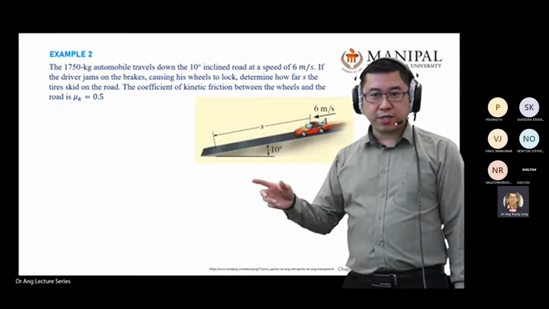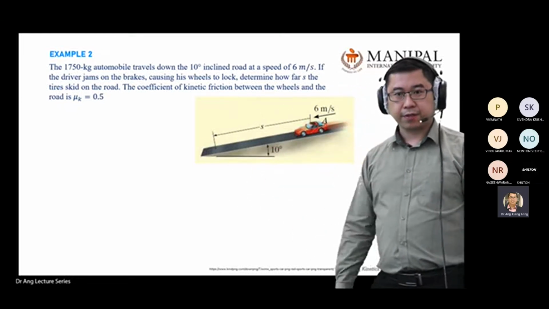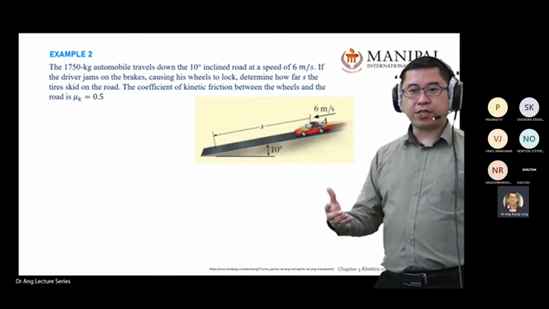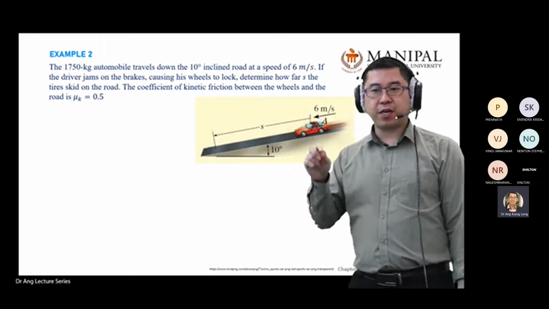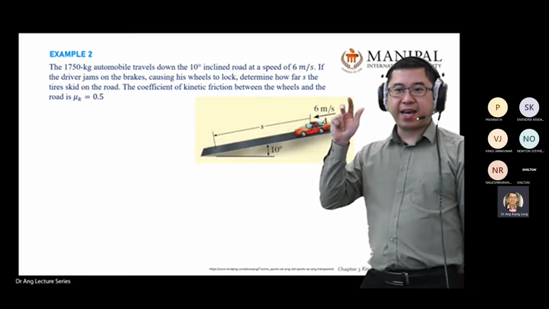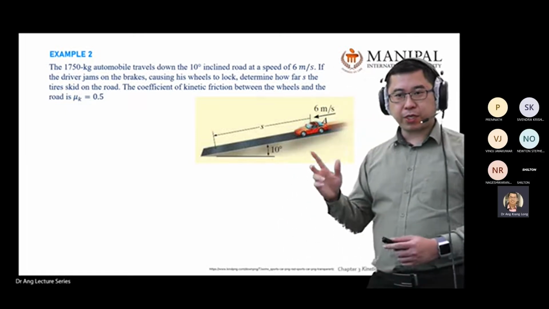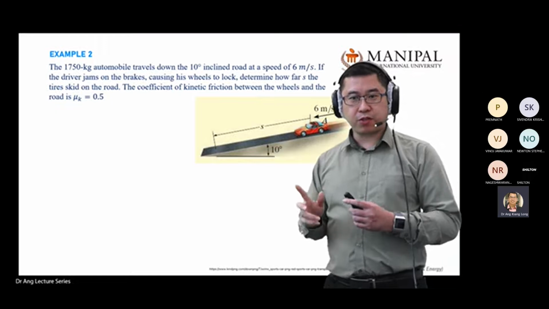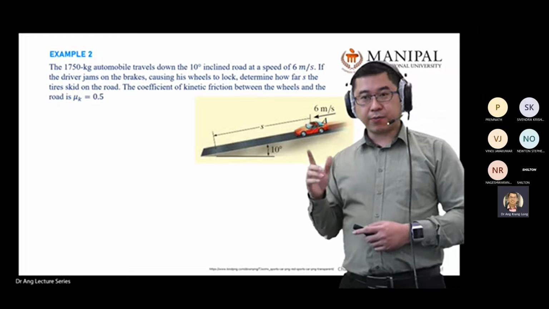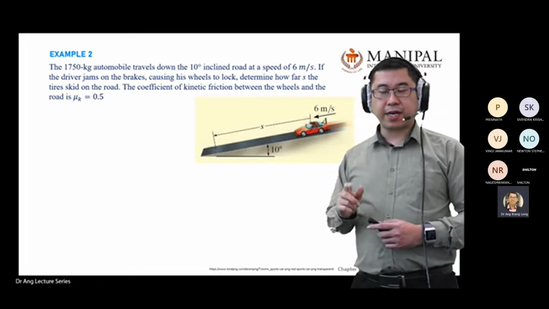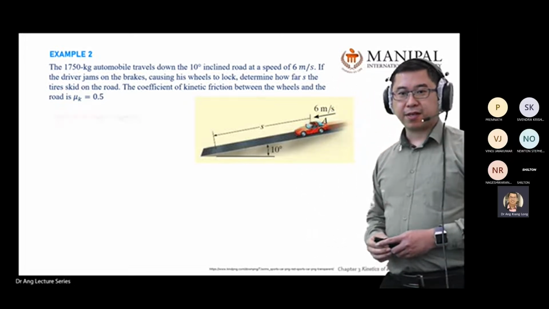The question asks you to solve for S. You can use the equations that we learned previously, or you can use the equation of energy and work to solve this kind of question. In this example, we use the principle of work and energy. If you use the previous chapter, the equation of motion, you still get the same answer.